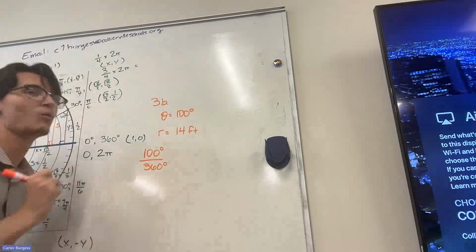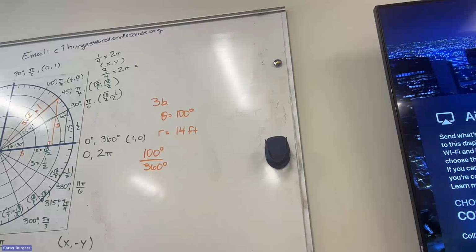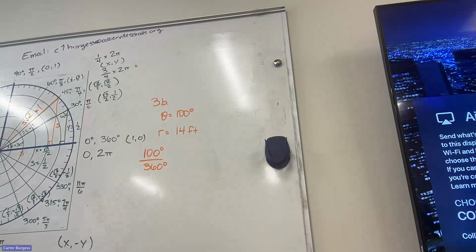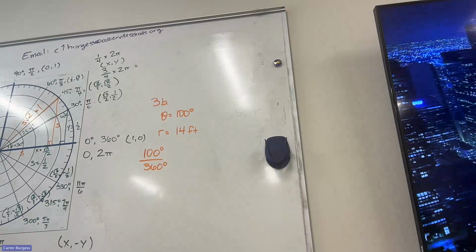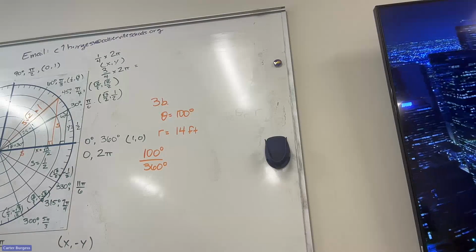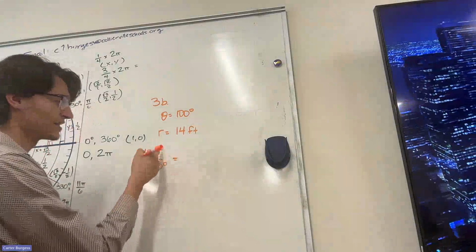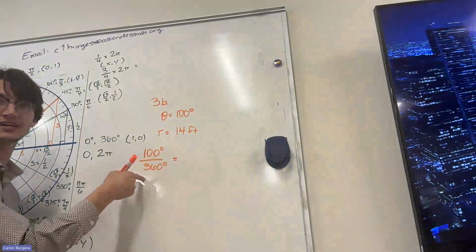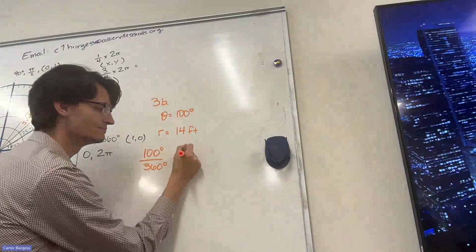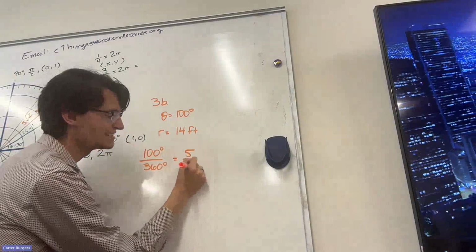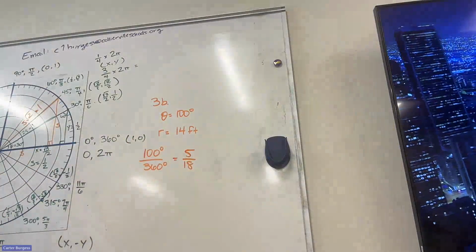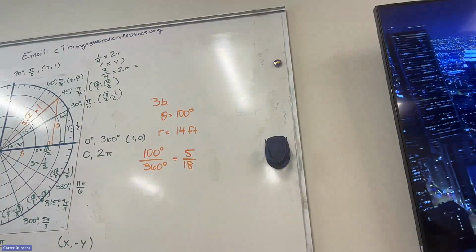Again, this is just telling us what part of our circle we are looking at. How much of our circle have we rotated around? It works out to be between 30 and 33 percent, but we can simplify this pretty easily. 10 over 36, 5 over 18. So 5/18 of the way around our circle, a little less than a third.